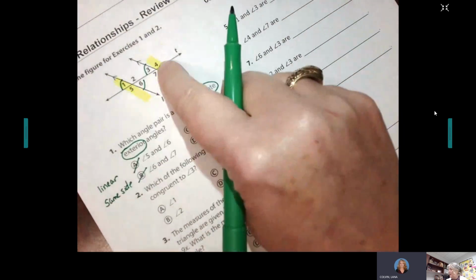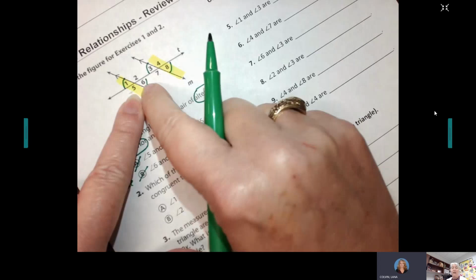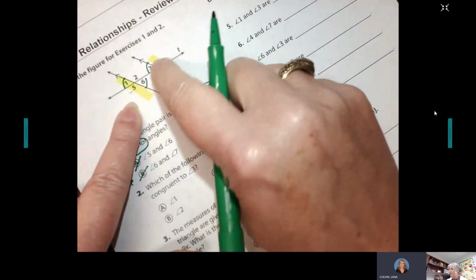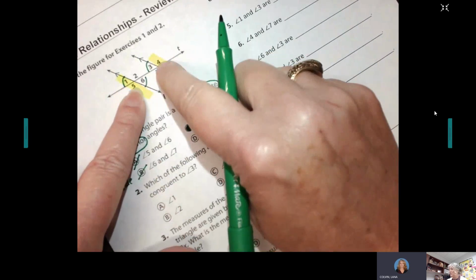What about 5 and 4? Are those alternate exterior angles? They're both exterior, and they're on opposite sides of the transversal. So yes, these are alternate exterior angles. They're on opposite sides of the transversal, and they're outside the parallel line.